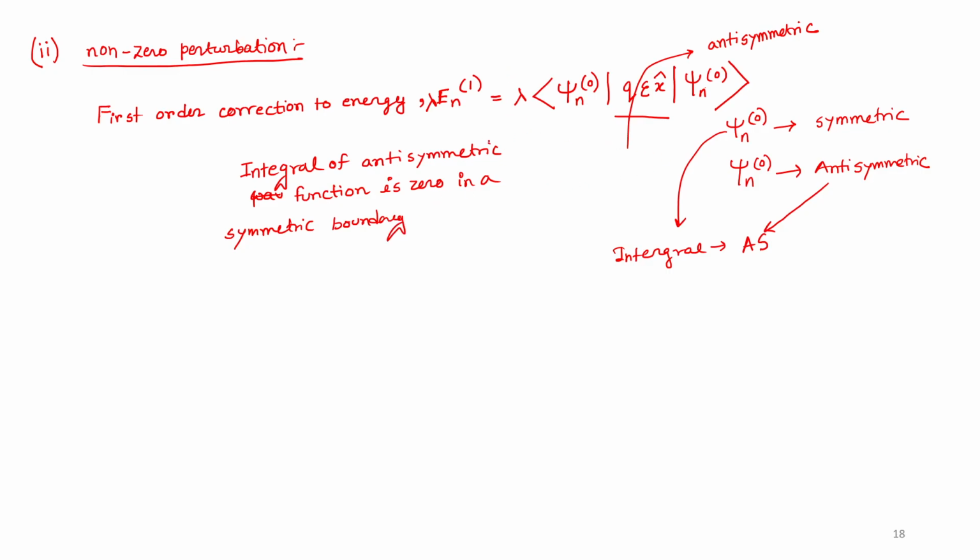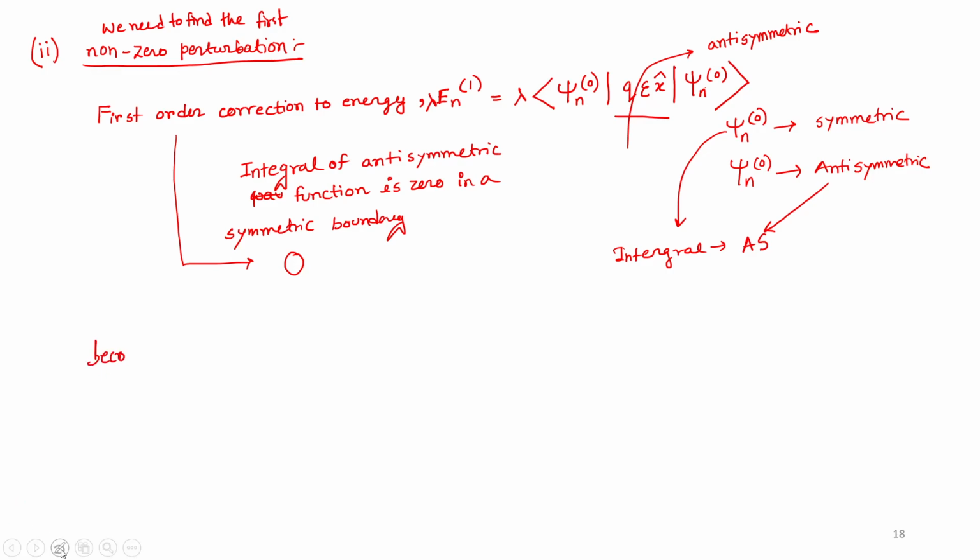Right, because here your limits are minus infinity to plus infinity for a SHO, simple harmonic oscillator. So no matter what, your first order energy correction is going to be zero. So we need to find the first non-zero correction, right? So for first order correction, we are not going to get anything because it is going to give us zero.